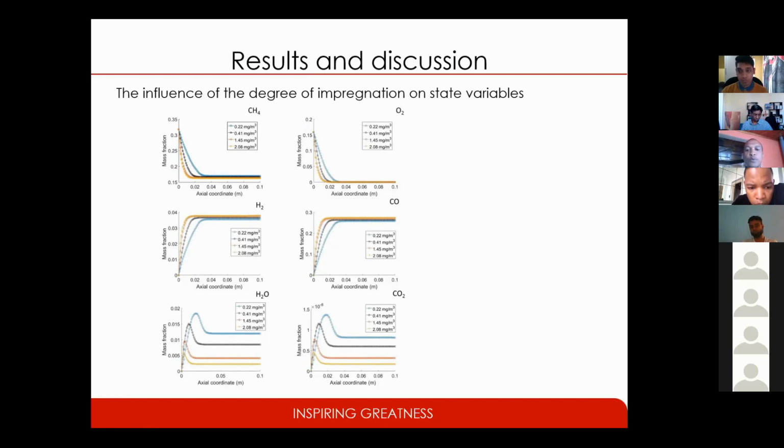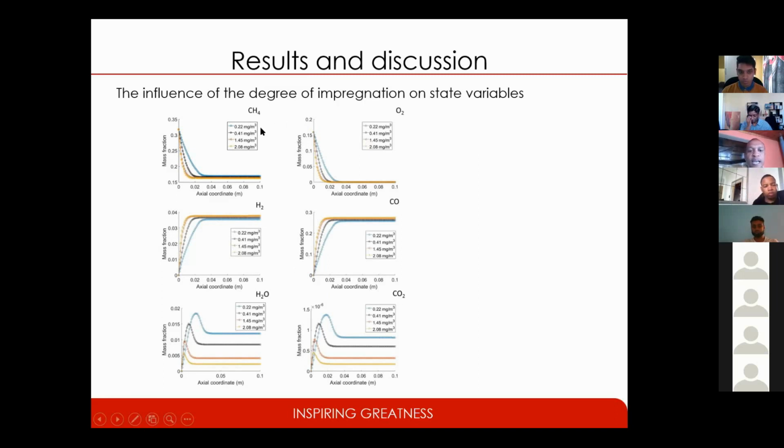This will help you get the optimum degree of impregnation such that you won't be using more than you need. So we chose a different catalyst loading here, and from that observed the methane mass fraction profiles and others as well.